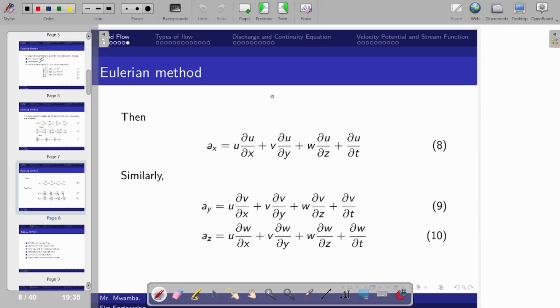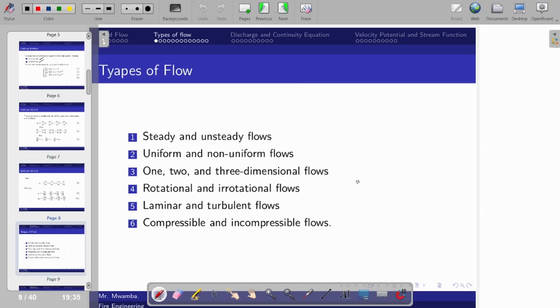All right. So let's look at types of flow. The types of flow that we're going to discuss here, we have 6 of them.